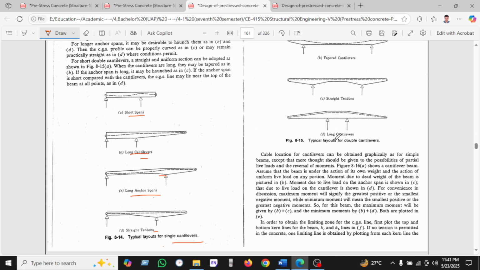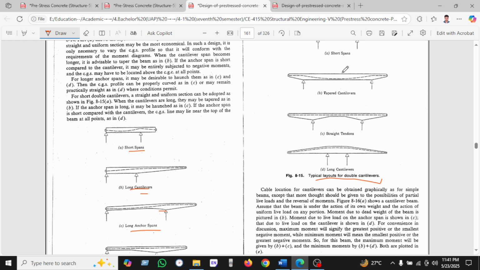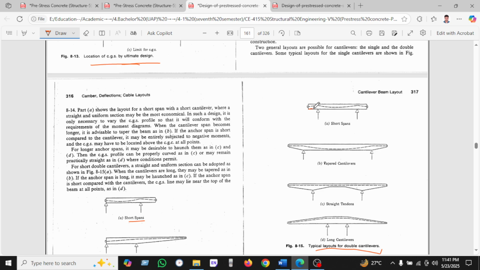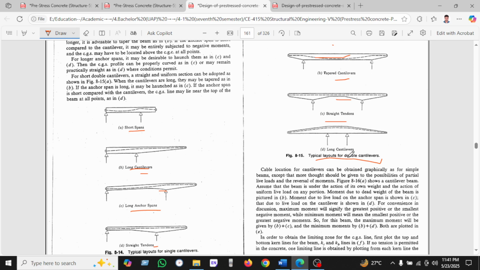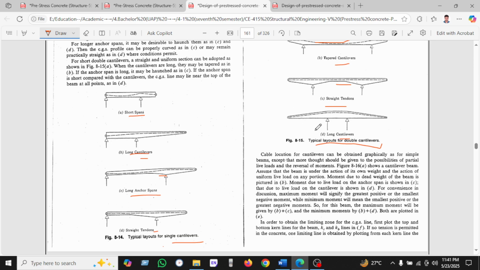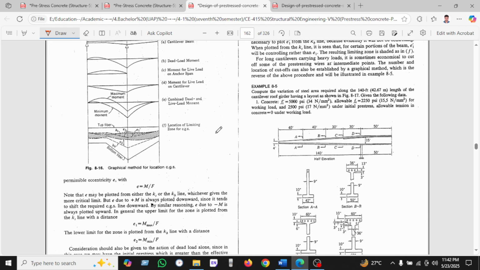And we can see here the typical layout for a double cantilever. If the cantilever is double, we can use this cable for the short span. For a tapered section cantilever, we can use this type of cable profile. And this is the straight tendon. For a balanced cantilever bridge, we can see, for a long cantilever, we can use this type of cable profile.